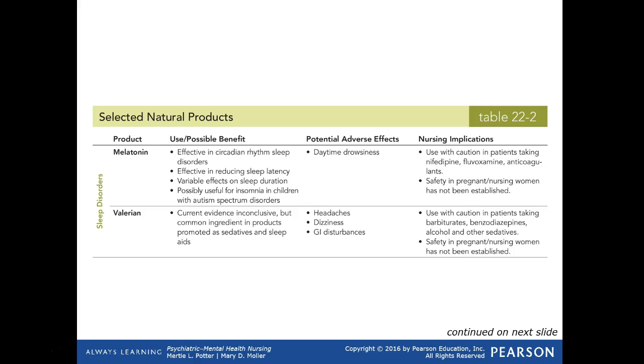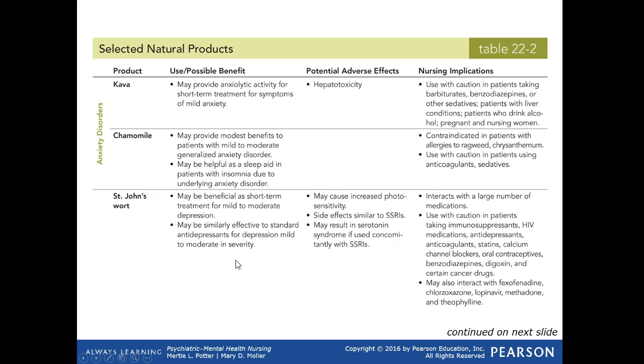So it tells you why these alternative medicines are being used for these specific disorders. So understand melatonin is the one that you're going to see used the most as a natural product for sleep. But you do have to look, and again, here are some of the reasons why. Here are your adverse effects and some nursing implications, because here are some medications that can interact with it, as well as safety in pregnancy has not been determined.